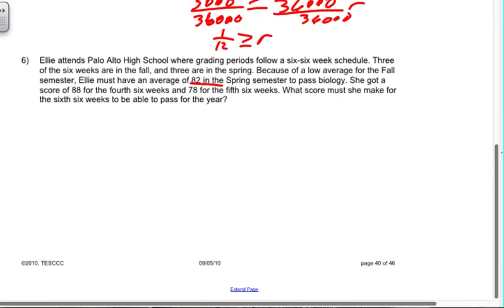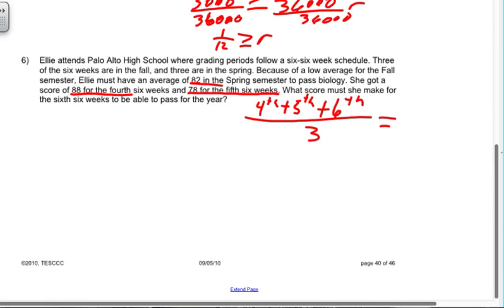So what we know then is she got an 88 for the 4th and a 78 for the 5th. And the average has to be over 82. So if you remember, the average is going to be, so this would be your 4th 6 weeks, plus the 5th 6 weeks, plus the 6th 6 weeks, divided by the number you have, which is 3.